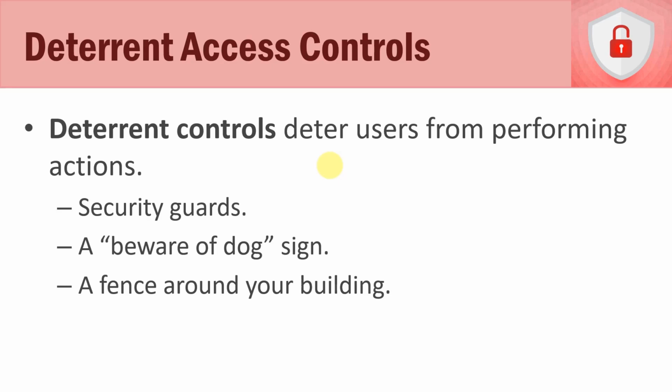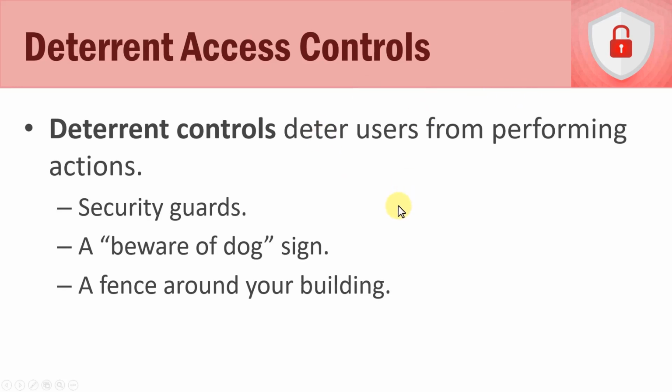That's going to deter somebody from trying to break into cars. A beware of dog sign at your house is going to deter a burglar from trying to rob your house. And then a fence around your building deters people. It's going to make it harder for them to get into your building because they have to go over the fence, maybe through your parking lot where you have security guards and bright lights. All those are going to be deterrent controls.